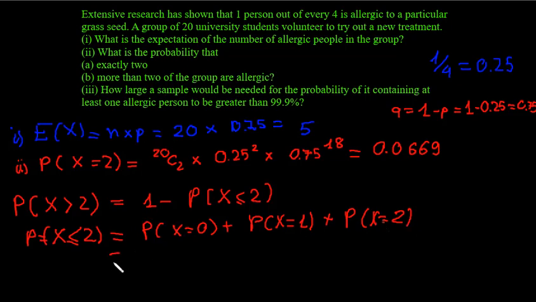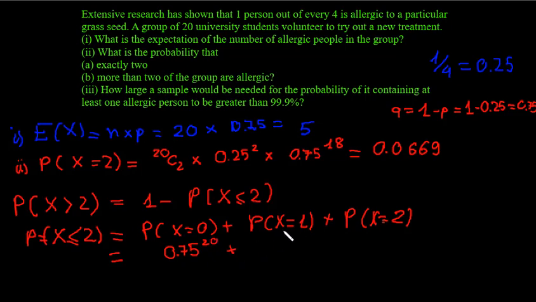Now, P of X equal to 0 means that none of them are allergic to this particular grass seed. So 20 of them are not allergic, so we have 0.75 to the power of 20, plus.